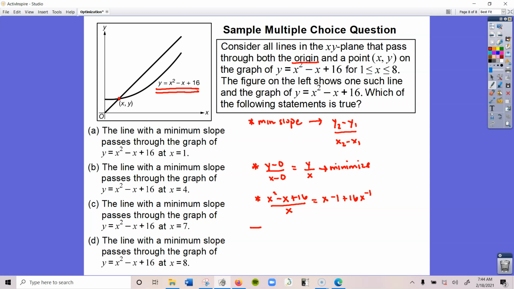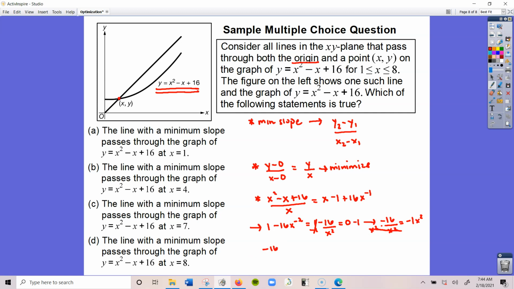Now when I take the derivative, that will give me 1 minus 16x to the negative 2, which is equal to 1 minus 16 over x squared. We're going to make that equal to 0 and solve for x. So we can subtract the 1 first, and we get negative 16 over x squared is equal to negative 1. Multiply the x squared to both sides to remove it from the denominator.